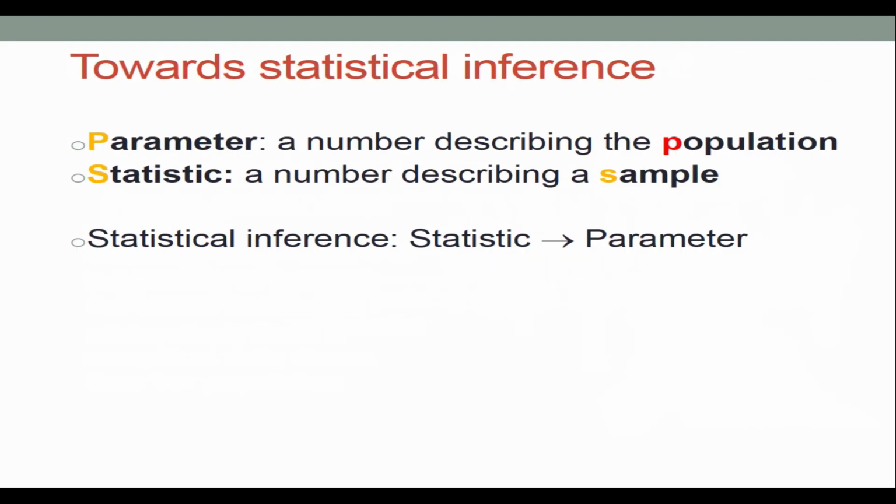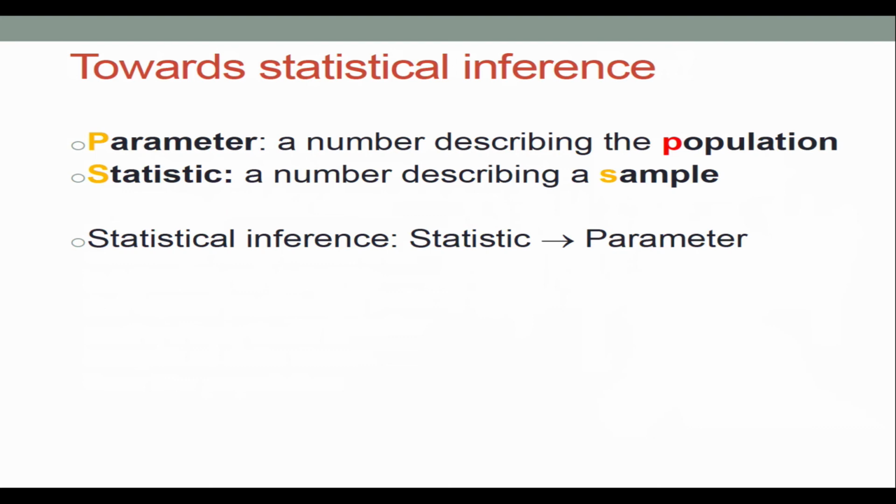Before touching on the detailed techniques, let's clarify some notation and terminology. First, a parameter. A parameter is a number about the population. It is a number or quantity describing the characteristics of the population.